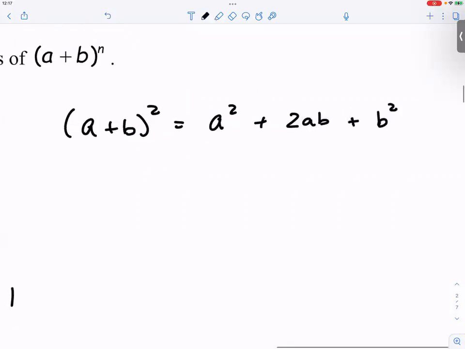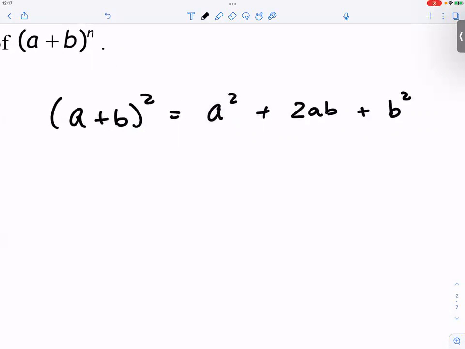All right. So now, why am I asking you to do this? Let me ask you a quick question. What's the coefficient here? 1, right? And what's the coefficient here? 2. What's the coefficient here? 1. Did we see 1, 2, 1?